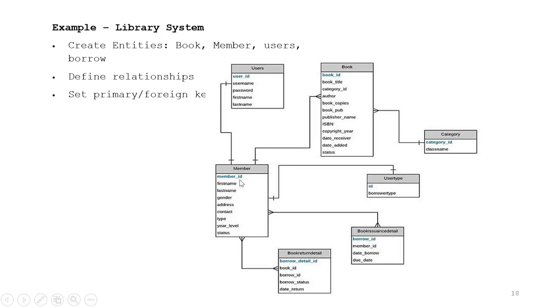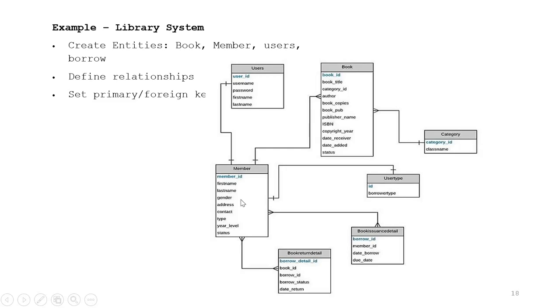Book with member. Okay, so here we have book title, author, book copies. Here we have the attributes, and also here we have the attributes of users. Here we have the attributes of book.